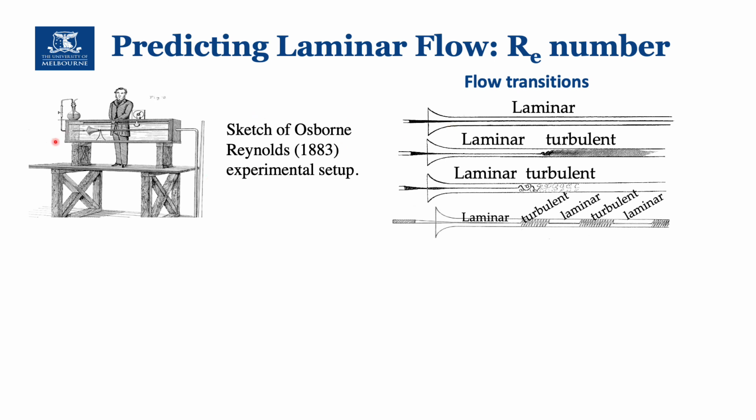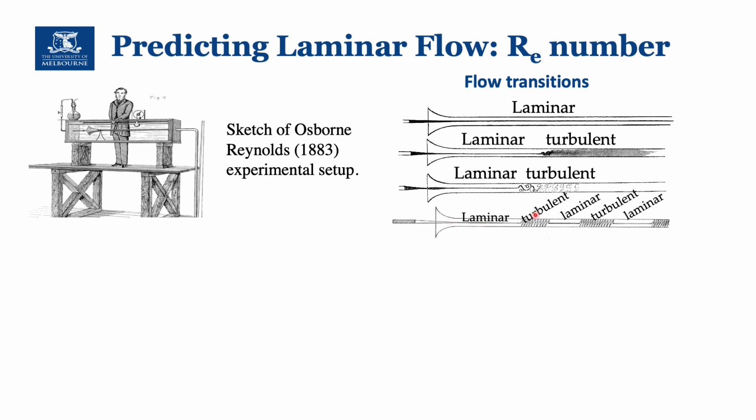He was working on an experimental setup to play with different parameters to measure and see the fate of the ink that had been injected into the flowing container. So he observed cases of laminar flow in some conditions, or transition from laminar flow to turbulence. Turbulence will have different shapes depending on the parameters he was using. And one interesting case is alternating laminar and turbulent flow in the same pipe across the trajectory.